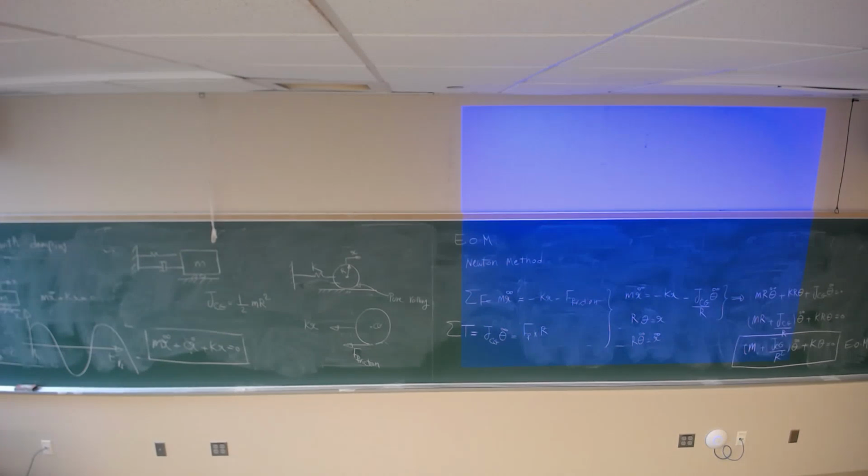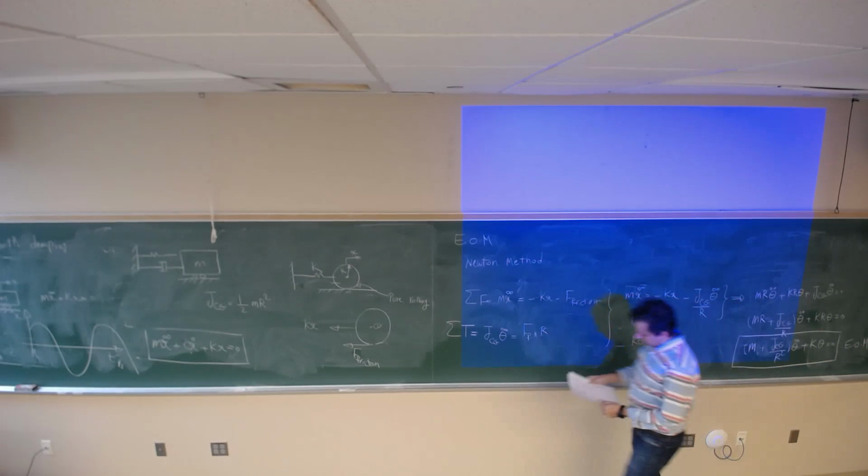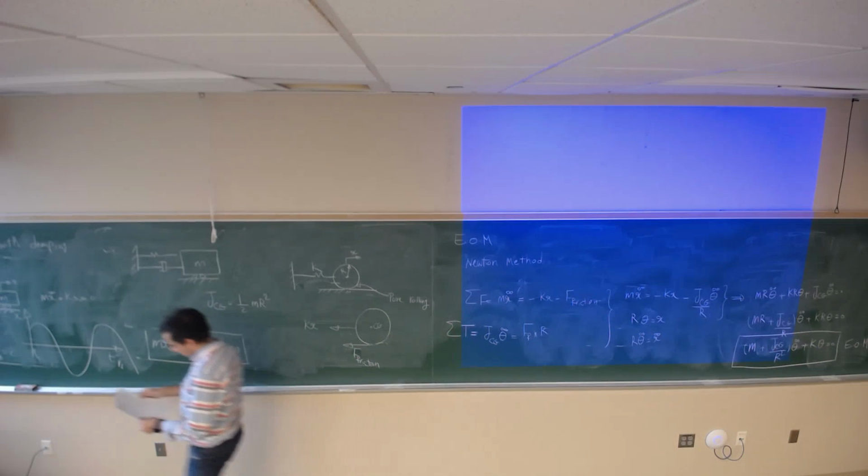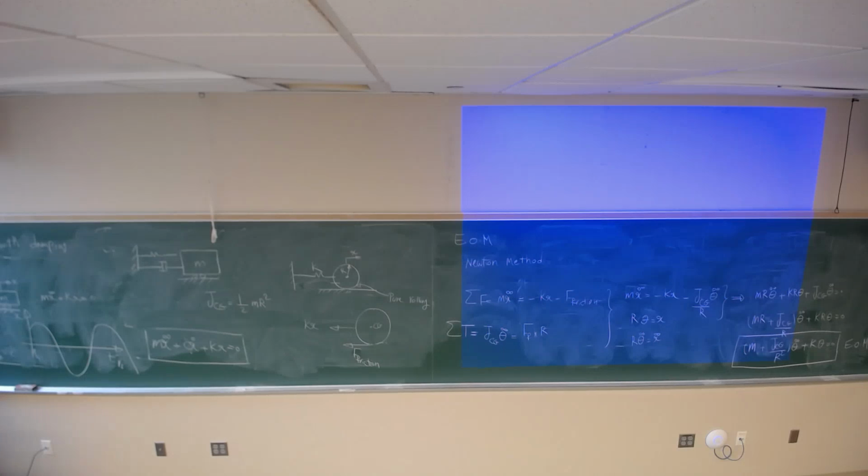You can cancel out these two. M plus half m is going to be k divided by 3/2 m, or 2/3 of k over m. The angular frequency of this system is going to be the square root of 2/3 of k over m.